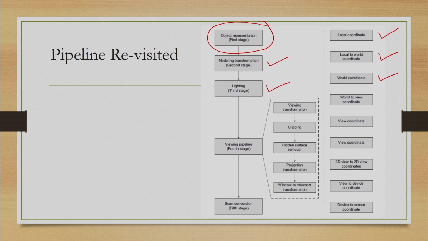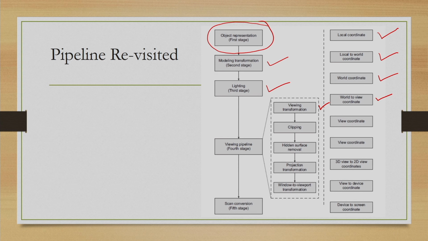In the fourth stage, we make a series of transformations as well as some other operations. We transfer the objects from the world coordinate to a view coordinate system through a transformation called viewing transformation. This is essentially a transformation between world to view coordinate reference frames.